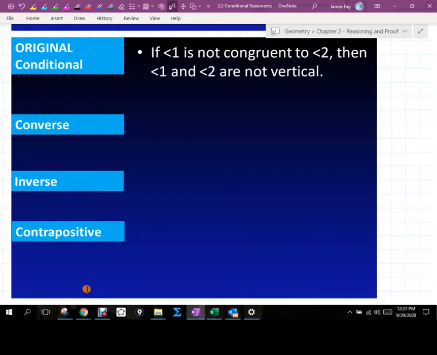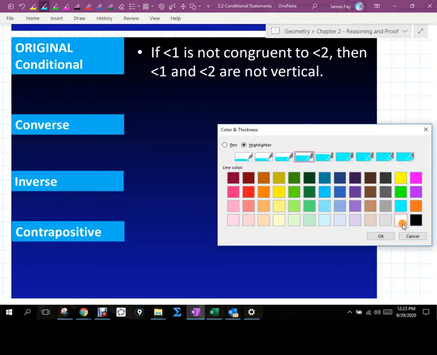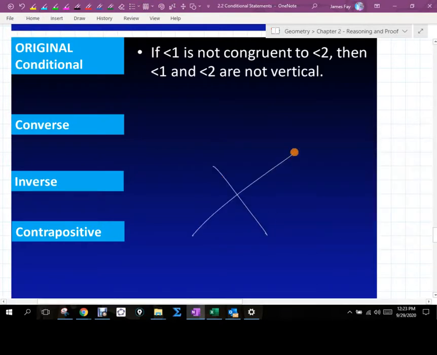If you remember vertical angles, I should probably write this on the screen. Vertical angles are two angles created by intersecting lines. So if I look at that line and that line intersecting, this angle right there and that angle right there are vertical, correct?